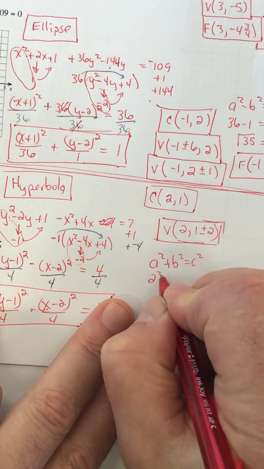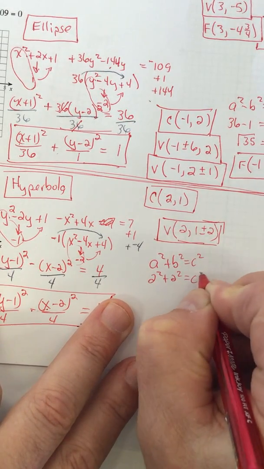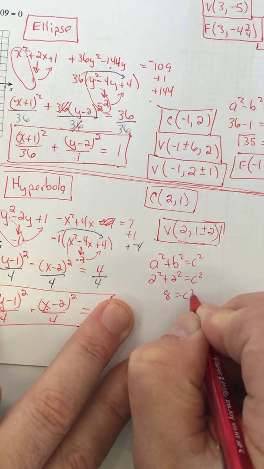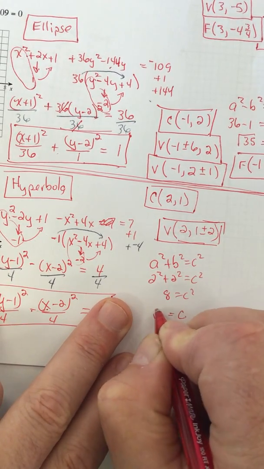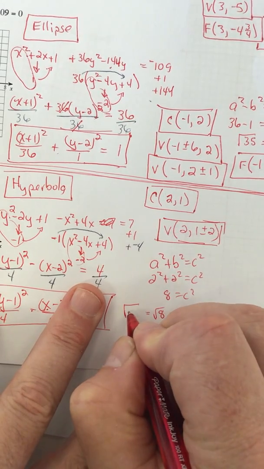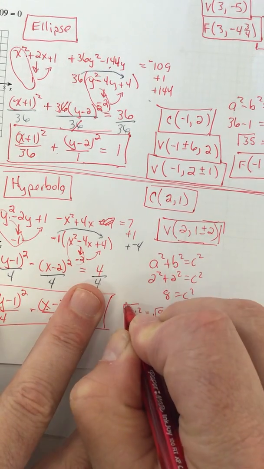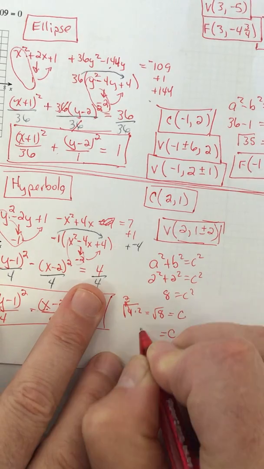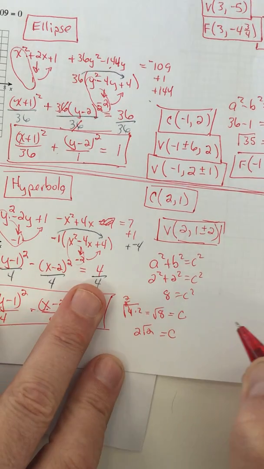So 2 squared plus 2 squared equals C squared, so that's 8. Which is, there's a 4 in that. That's 4 times 2. So C is 2 square roots of 2.